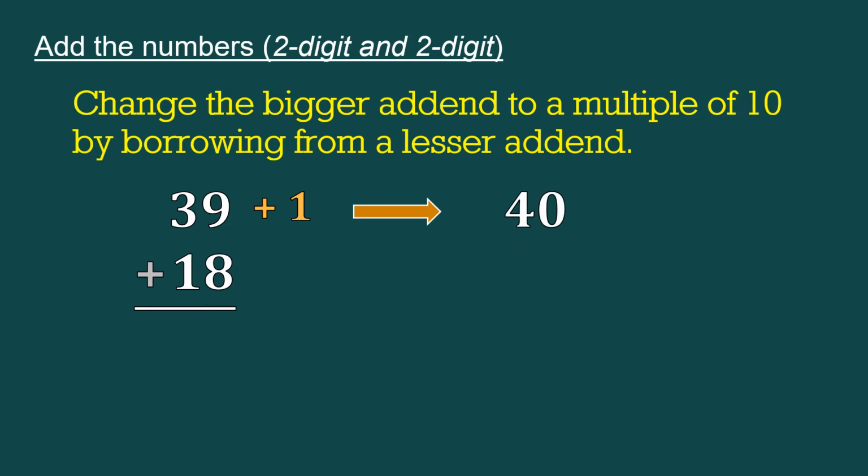Since we borrowed 1 from 18, 18 now becomes 17. We add the newly formed addends. 40 plus 17 is equal to 57. So, the sum of 39 and 18 is 57.